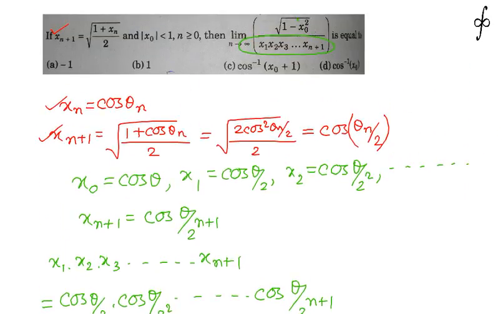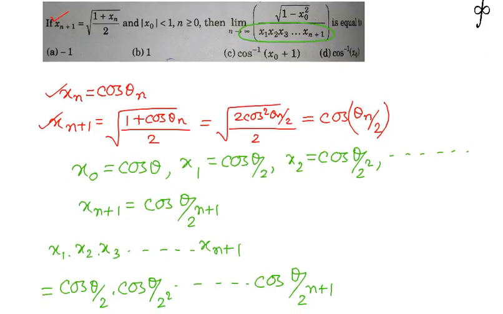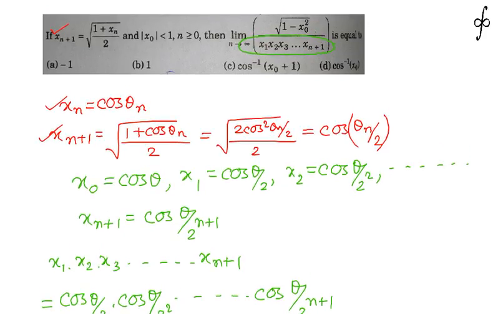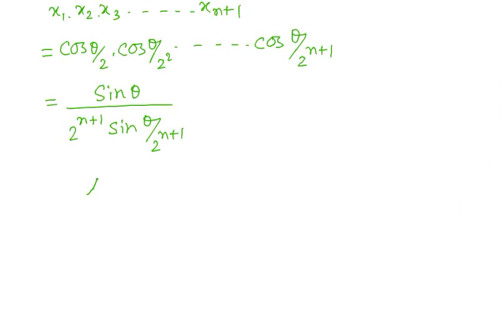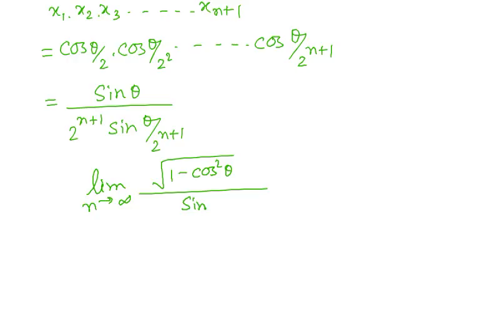The limiting value says limit n tends to infinity root over 1 minus x_0 squared. Now we have already assumed x_0 to be cos theta, so this will come out to be limit n tends to infinity root over 1 minus cos squared theta, divided by sine theta, whole divided by 2^(n+1) into sine (theta/2^(n+1)).